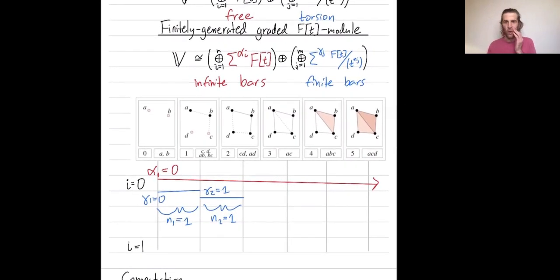Let me move to one-dimensional homology. Okay, so for one-dimensional homology, the first hole is born at time 2, and it's finite. It lasts up until time 5, but no longer than that. Okay, and so let's restart our indexing back at 1 again. So let me erase this.